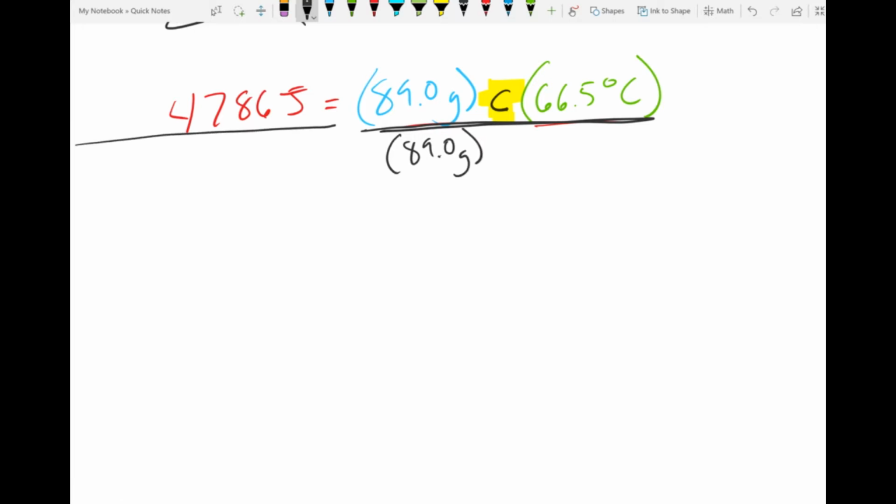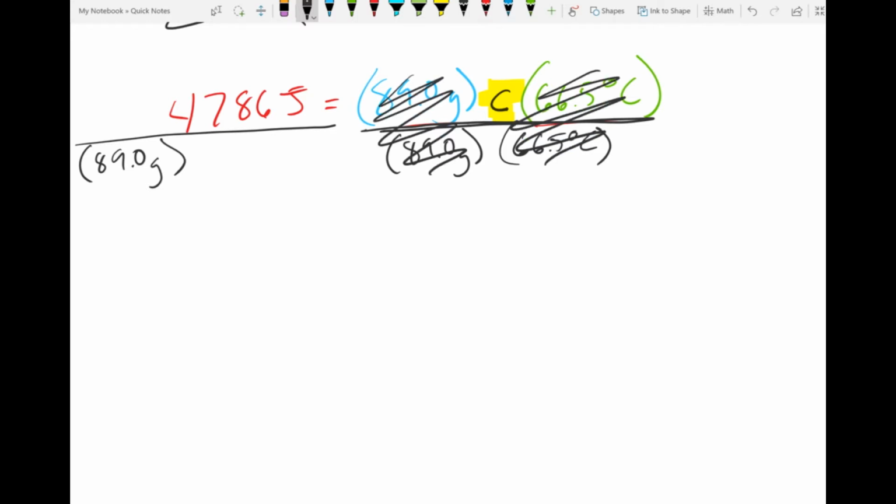That means what we do to one side, we have to do to the other, so we're going to have to divide by 89.0 grams. And then we're also going to need to divide by the 66.5 degrees Celsius so that we can get rid of it on this side, right? So because these will cancel out, these will cancel out. And then on the bottom we get 66.5 degrees Celsius.